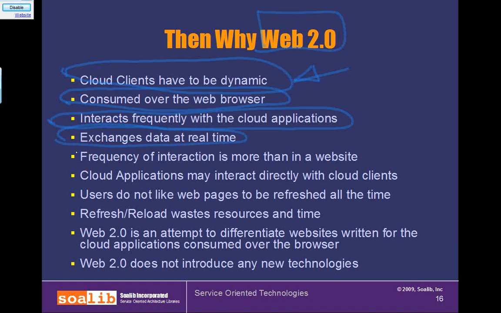Frequency of interaction is higher between the user and the application. A cloud application may interact directly with cloud clients. That means that because some of these applications are written using local, platform-specific APIs, usually Java or .NET, they take advantage of the PC on which they are running, so they can create more interactive, friendlier cloud clients that connect directly to the application.